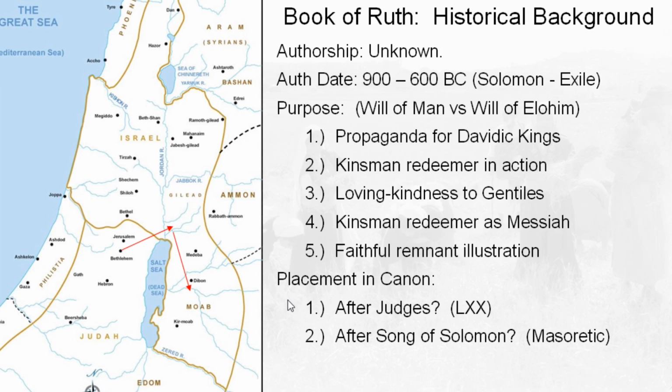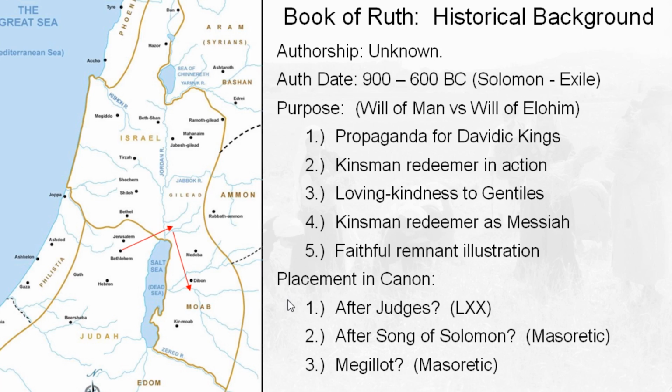And in some translations, you will actually find Ruth included in the Megillot. You know what Megillot is? That is called literally scrolls. Those are the scrolls that were used in worship, whether it's the Psalms, because they sing the Psalms in a synagogue Sabbath service, or the book of Ruth, which was read.